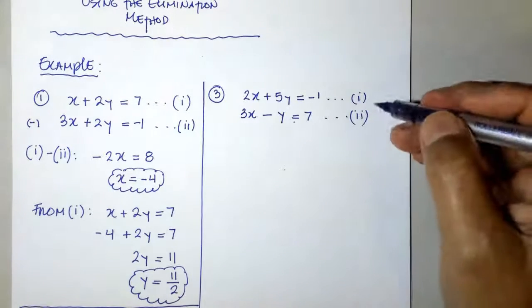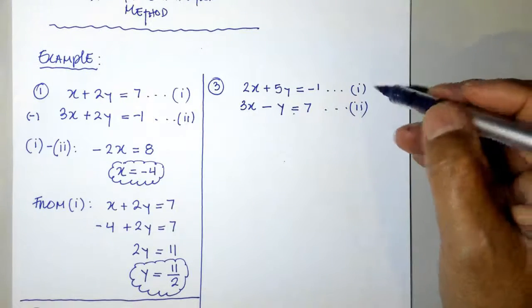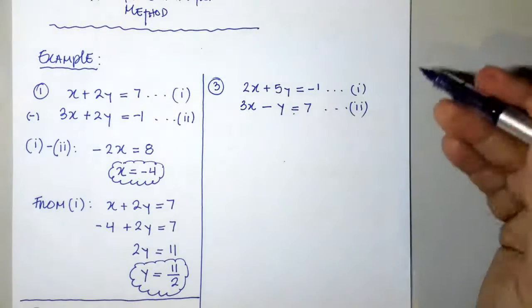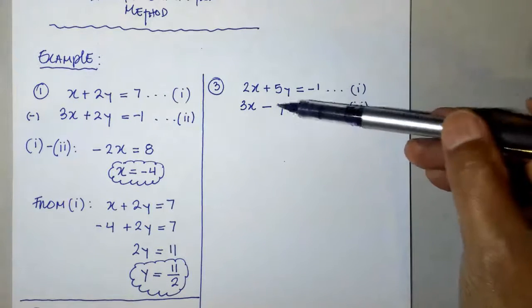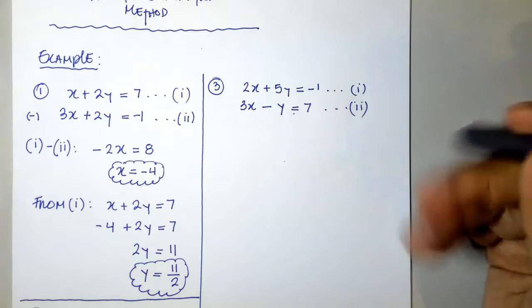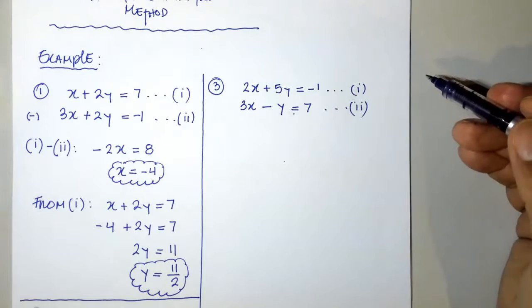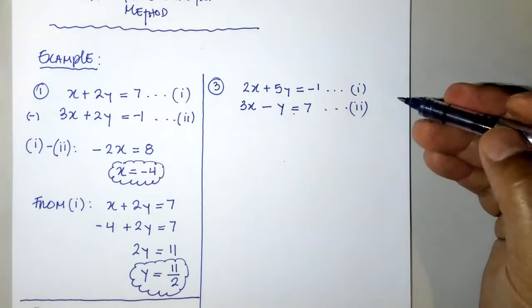So when you have this, in this particular question I really want to have the y with the same coefficient, the same magnitude, because then I can eliminate the y.